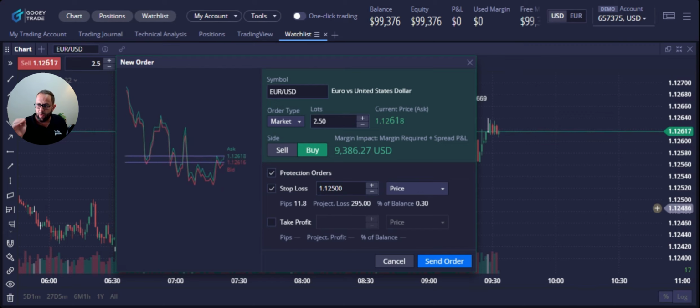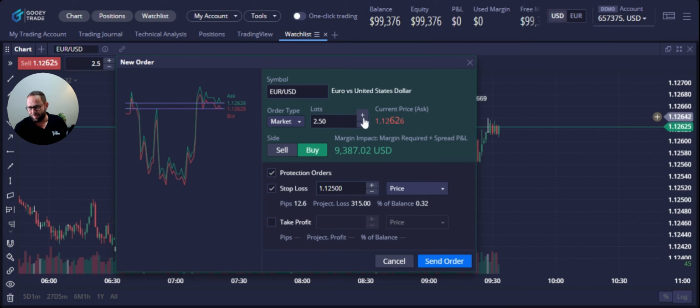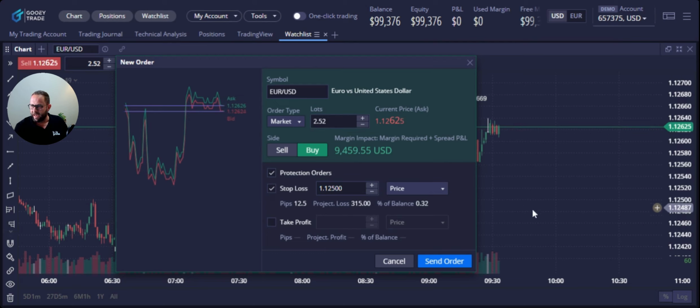So that is just a very simplistic explanation of how to determine how much you can potentially lose, sorry. So if you were to increase that lot size, then your projected loss would get higher. If you decrease it, that projected loss would get less.